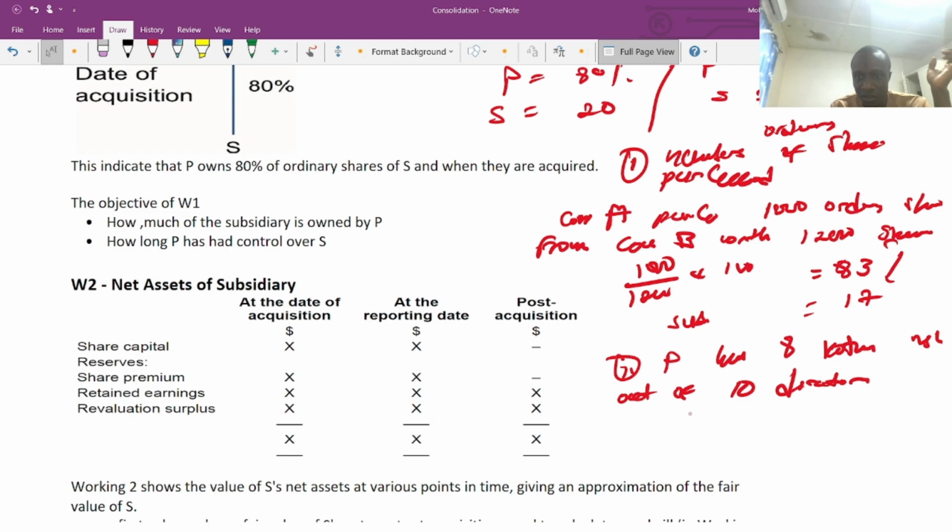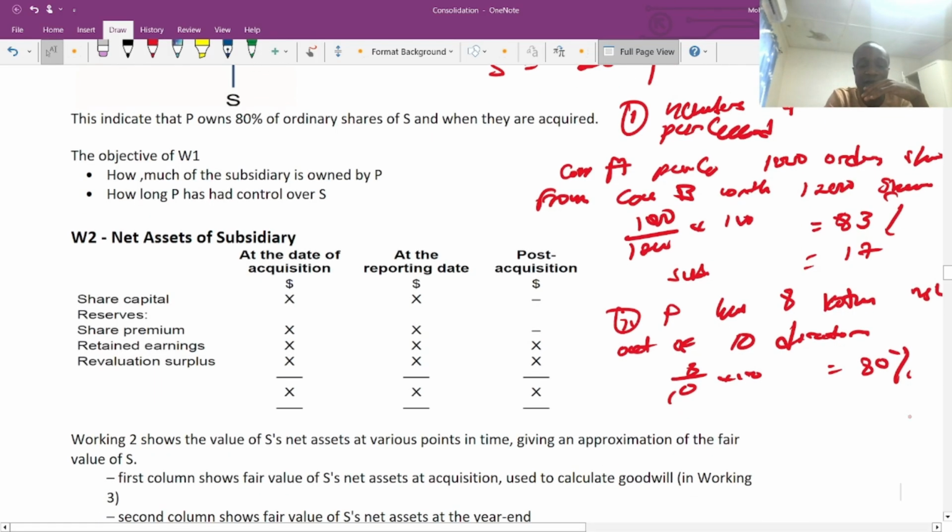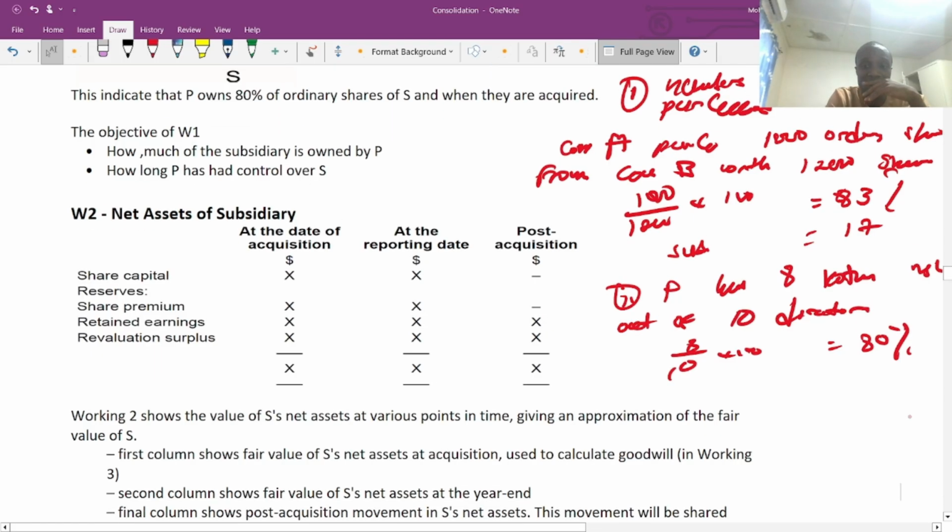So it means 8 divided by 10 multiplied by 100 will give us 80%. So these are the two ways that we can calculate the group structure when we want to know the percentage of holding of the parent and the subsidiary. Either can be given in the examination, so you need to be aware of how to do this calculation. Nothing difficult, nothing to worry about.